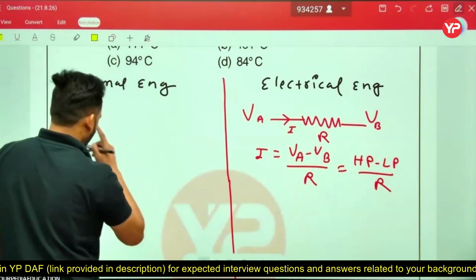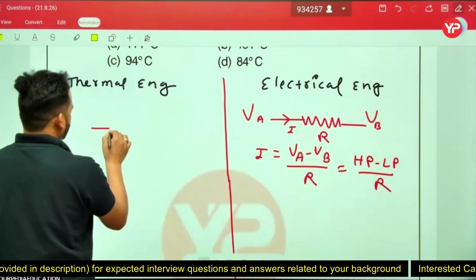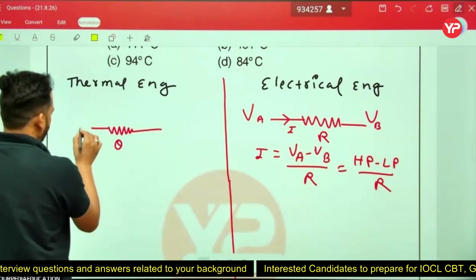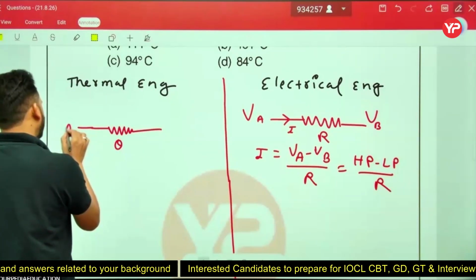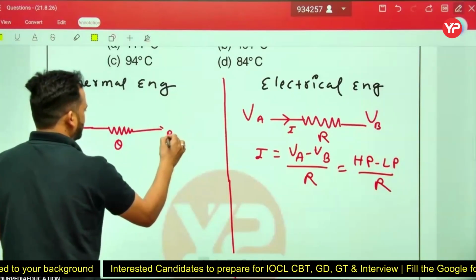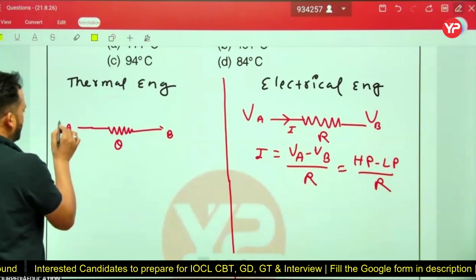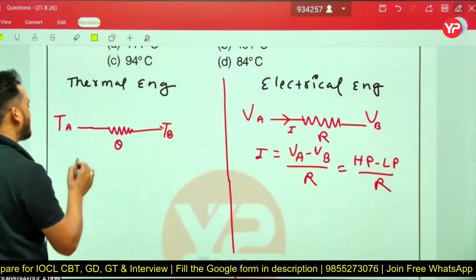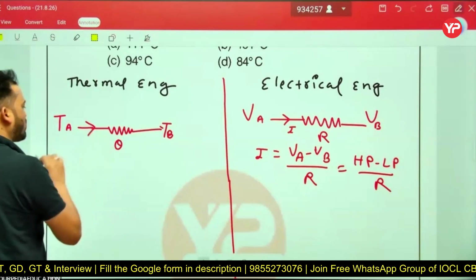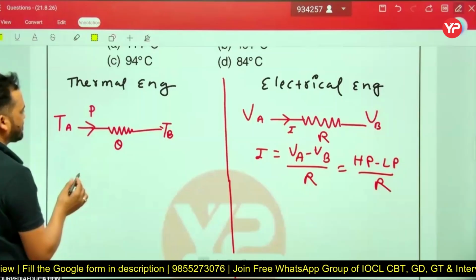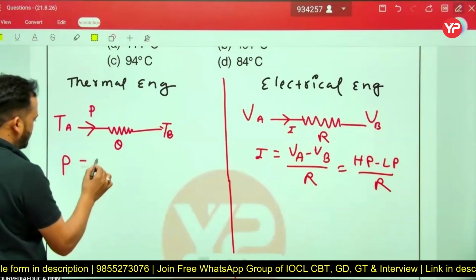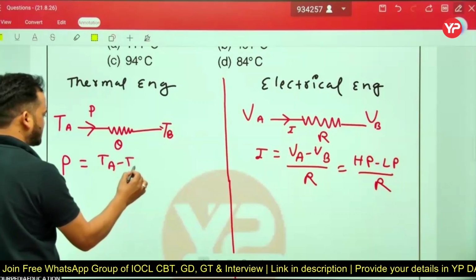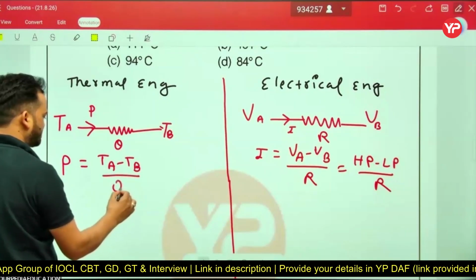See here. Now this is our thermal resistance, denoted by theta. This is point A and this is point B. This is temperature TA, this is temperature TB, and here is heat flow or power flow P. So P is equal to high temperature minus low temperature, TA minus TB, upon theta.